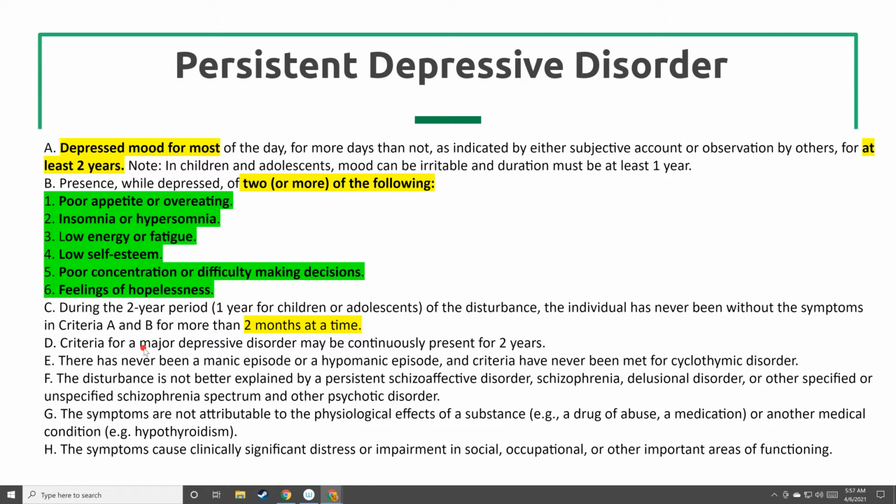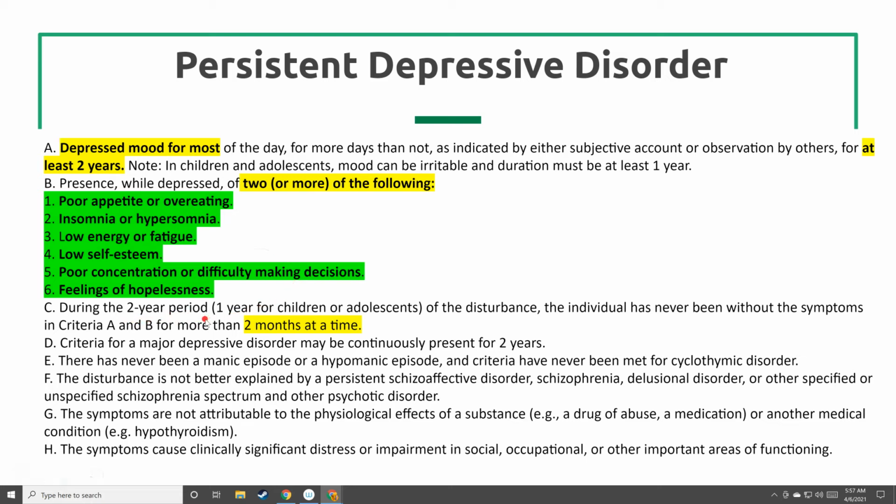How is this different than persistent depressive disorder? Now notice here we've got a depressed mood for most of the day. It has to last for 2 years, but you only need 2 or more of the following. So this one is longer, but it's not as low, it's not as severe. And then you have very similar things to that list that we had in the past one.